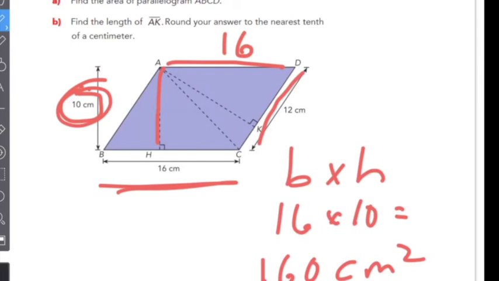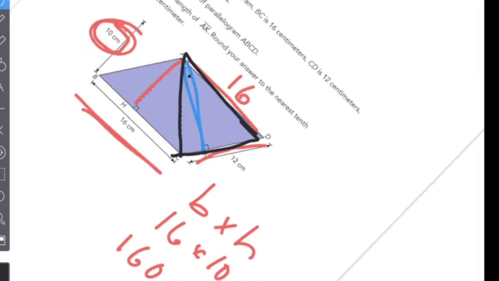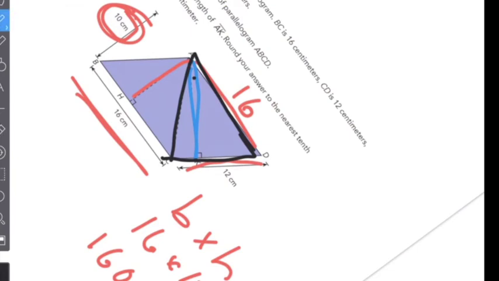Okay, so the next part is find the length of AK. So let me get my marker. AK is right here. And if you notice, AK is going to be the height of this triangle right here, ADC or ACD. So if I turn it, you'll notice that right here 12 is going to be the base of the triangle because here's the right angle.